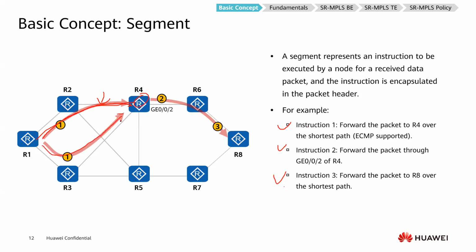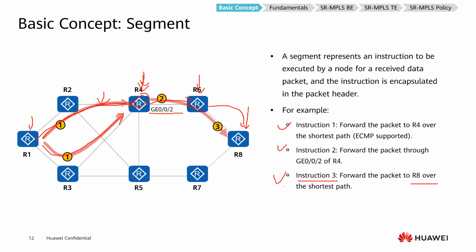If they are ECMP, you can do ECMP. Secondly, from R4, send out this interface, G02. And instruction 3 is to send to R8 with the shortest path, so R6 will send to R8. Based on these segments, we can forward from one place to another, and then the packet will be forwarded to its destination, right?